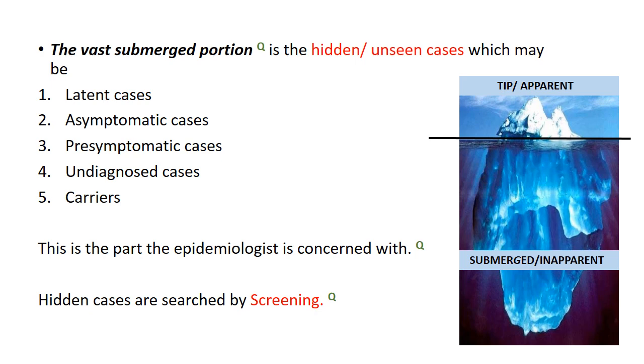COVID-19 is a new disease, and that is why the submerged portion of the disease was not known, which made the different countries undergo huge losses because they were not prepared to face it. Even the most developed countries at times were so frustrated that they were almost near to defeat.